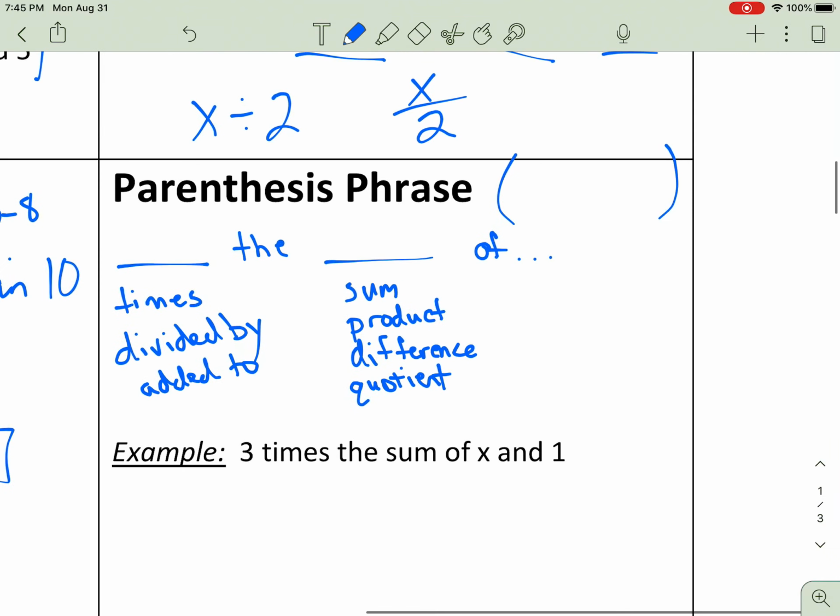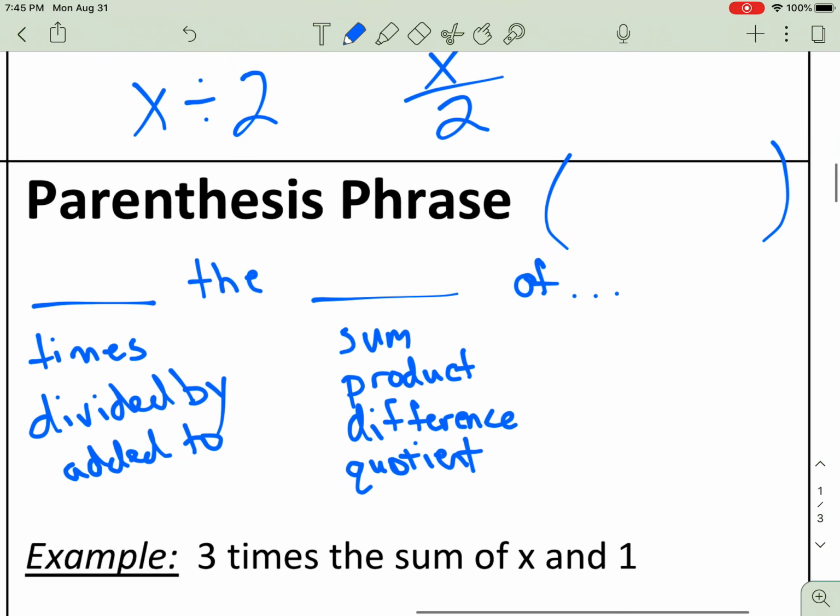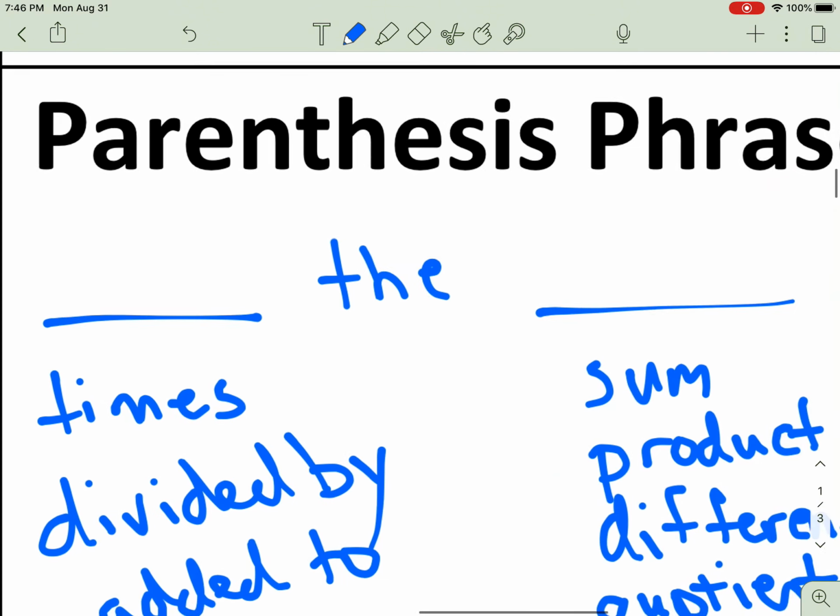Okay, parentheses phrases. All right, so you'll see here I kind of wrote this up because a parenthesis phrase is a phrase that's given that says, hey, this should be in parentheses because order matters, right? We talked a lot about PEMDAS. Well, this is a situation where, when given an algebraic expression, sometimes you need parentheses to dictate, okay, this is what goes first. All right, so sometimes it might be times, it might be divided by, it might be added to.